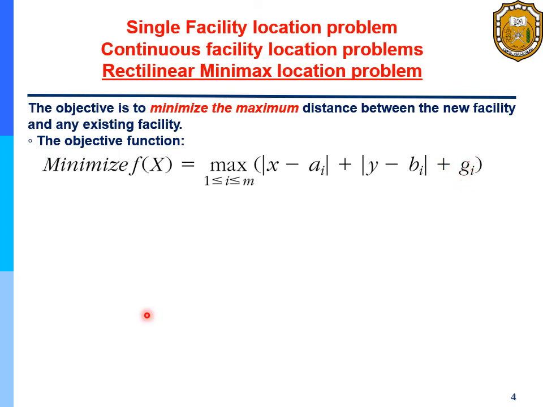Assume that you have a multi-floor facility. For example, it has 5 floors. And your emergency facility, let's say, is located on the first floor. And it will be serving all other floors, second floor, third floor, and so on. And in order to reach these floors, you need to use an elevator.